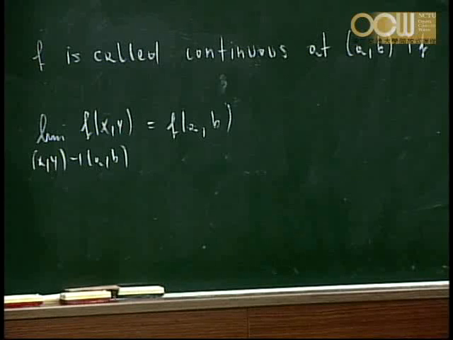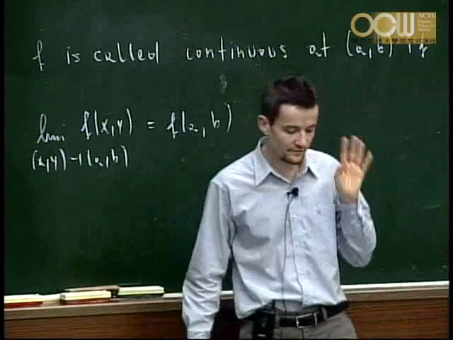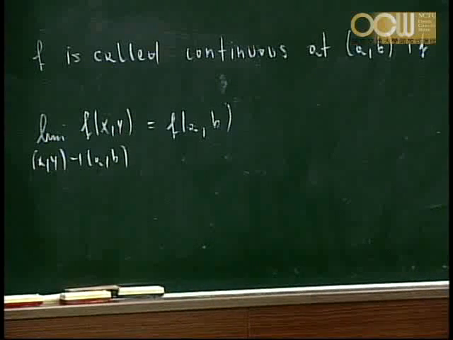We can again use the limit laws in order to get similar laws for continuous functions. So in particular, if a function f is continuous at (a,b), and the function g is continuous at (a,b), then the sum is continuous as well. The product is continuous as well at (a,b).